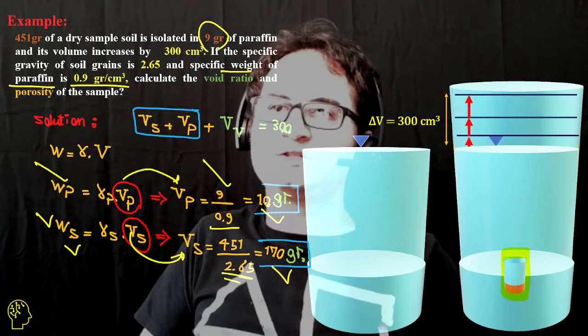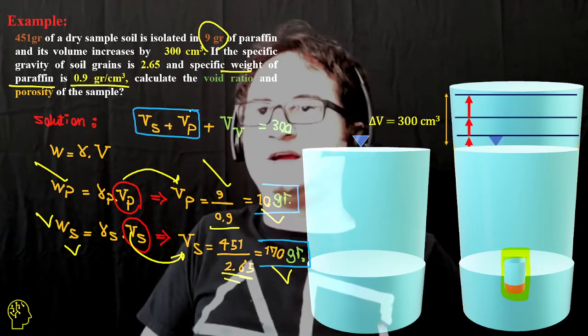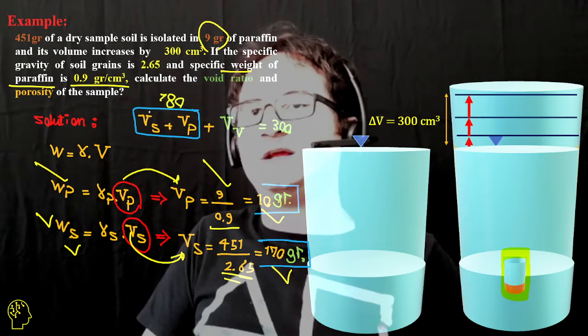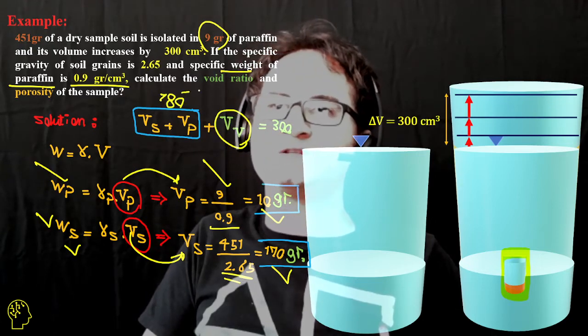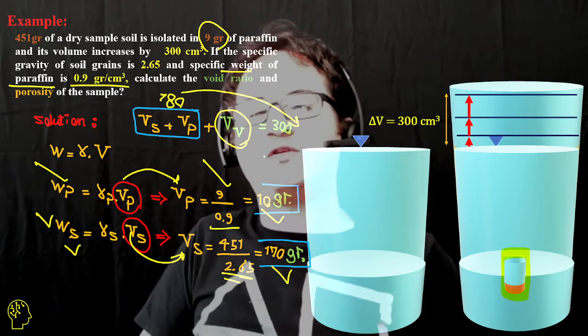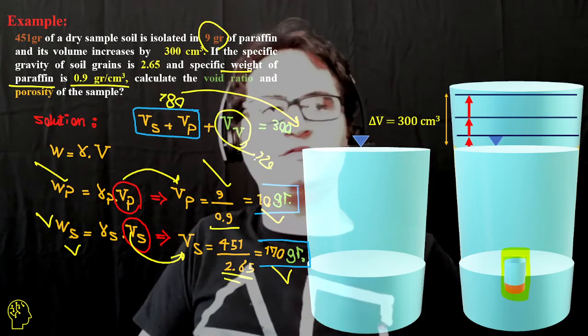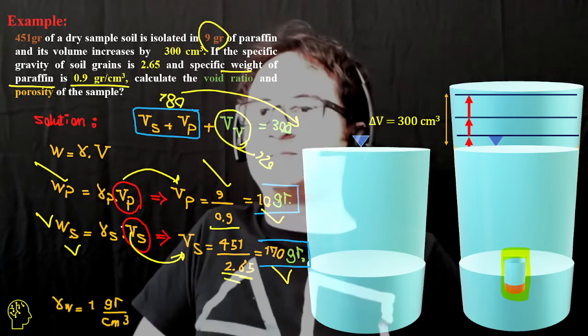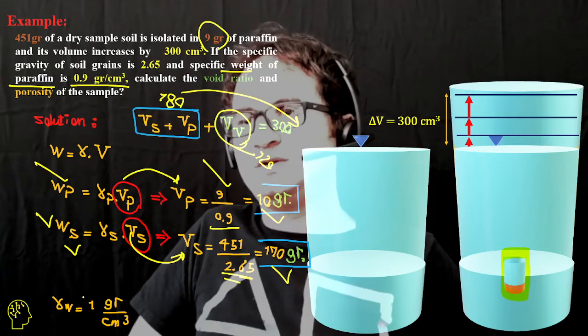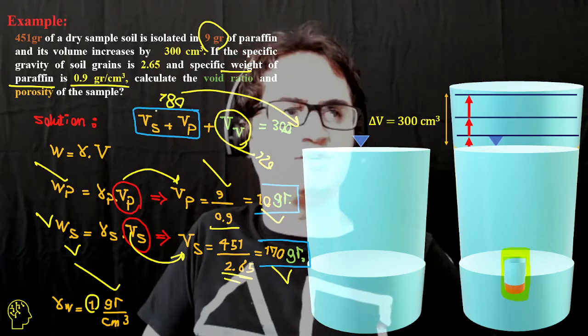If we plug these two parts into the first equation, we have a summation of 180 plus volume Vv equal to 300. So the volume of void is simply 120. At the same time, gamma W is 1 gram per centimeter cubed.